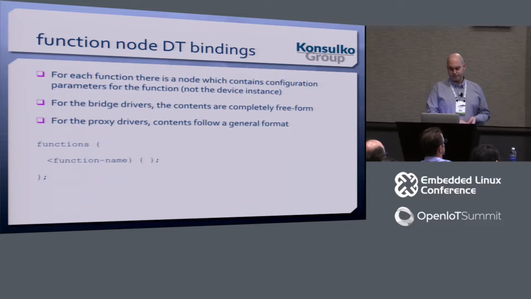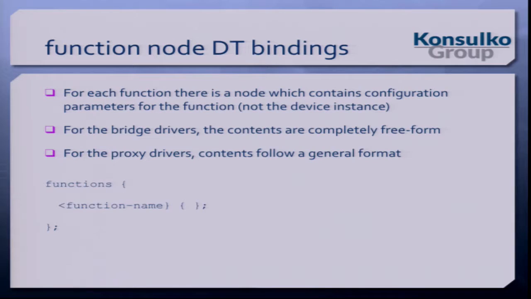Now you have a function. What is a function? A function is, let's say, a UART function or an I2C function or a GPIO function. It's something that you configure a few pins of the connector to do when you enable a driver that uses them.